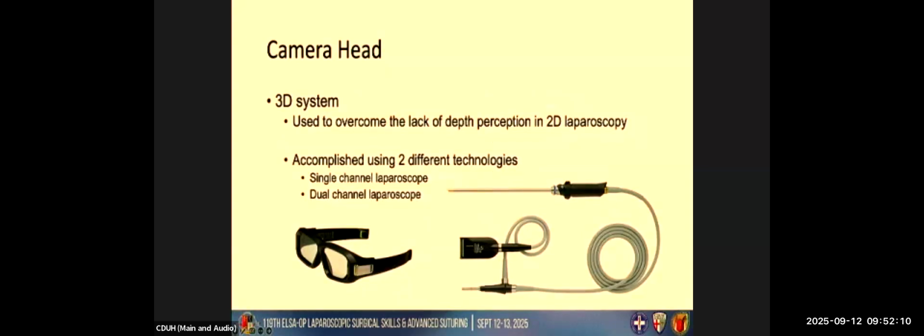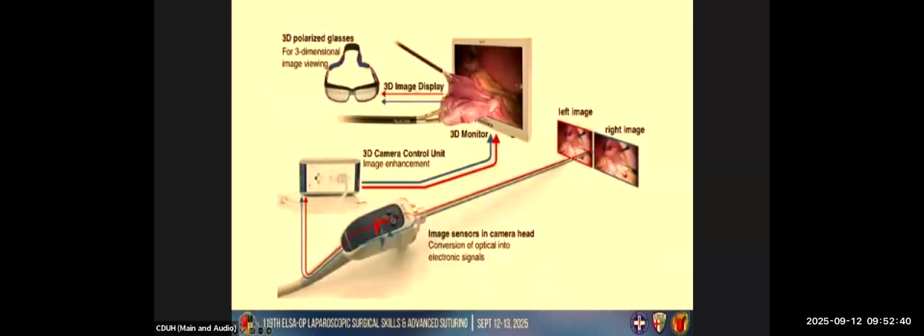This is accomplished using two different technologies: the single-channel laparoscope, which uses one system of lenses for both eyes, then uses a digital filter to separate the images for each eye, and the dual-channel laparoscope, which uses one lens system for each eye. In both technologies, it is necessary for the surgeon and the nurses to wear stereoscopic glasses.